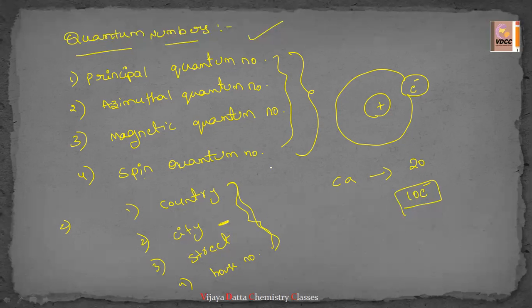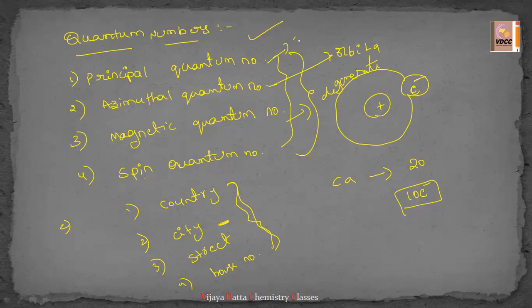Like that only, to address the electron, we should know at minimum these requirements. If we know the principal quantum number, we can tell in which orbit it is present. If we know the azimuthal quantum number, in which orbital it is present. If we know the magnetic quantum number, particularly in which degenerate orbital the electron is present.